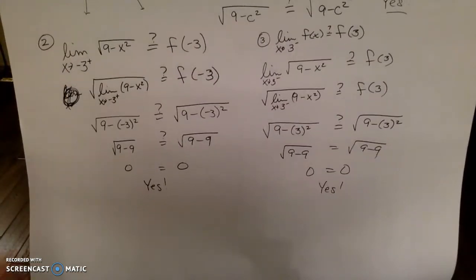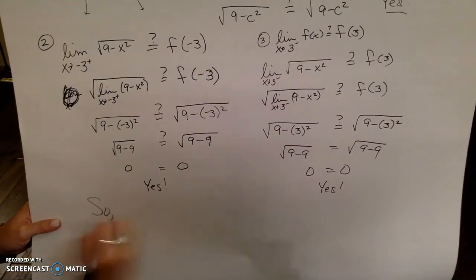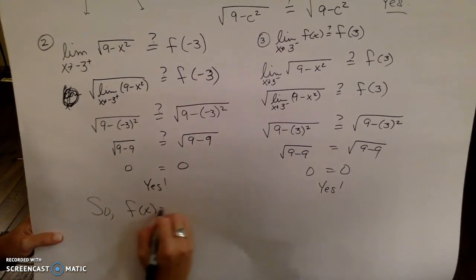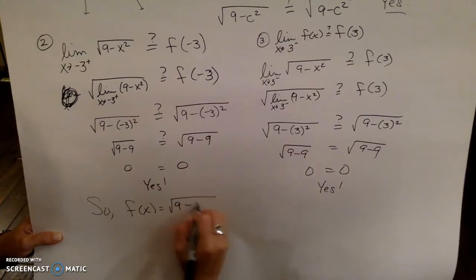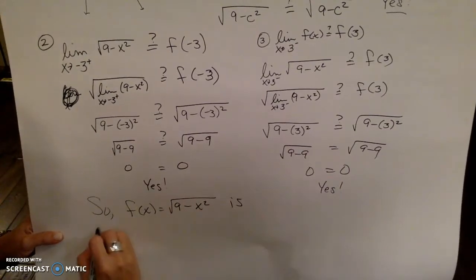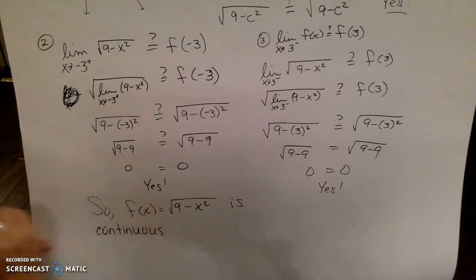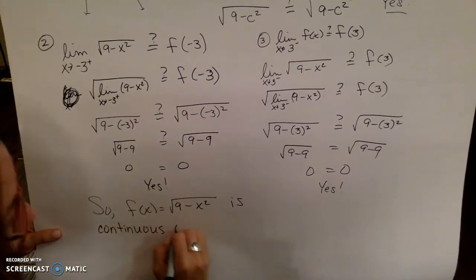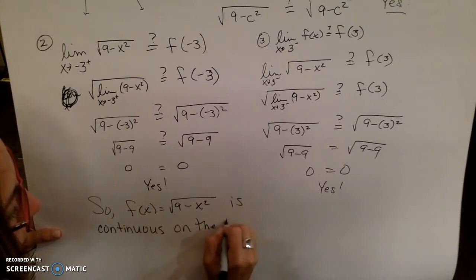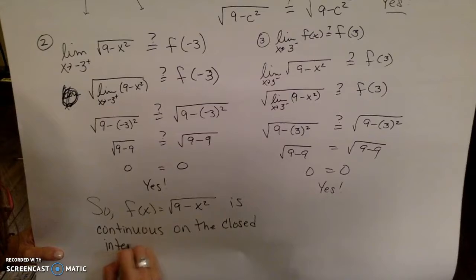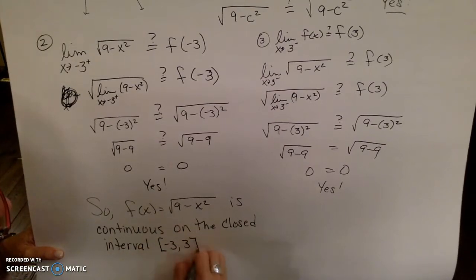Oh, gosh, we're right at the bottom there. Okay, so where does this take us? f of x equals the square root of 9 minus x squared is continuous on the closed interval -3 to 3.